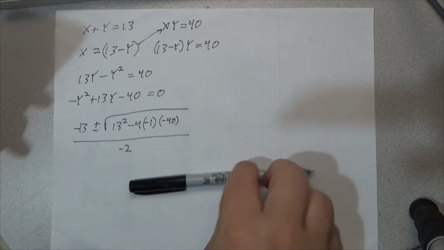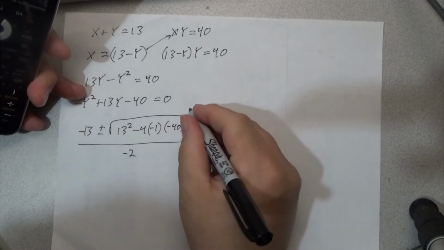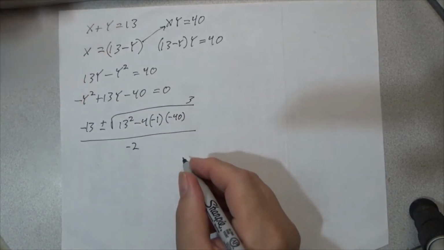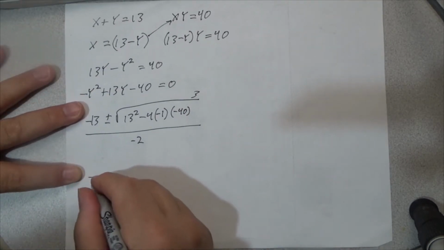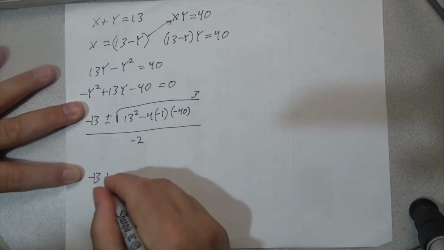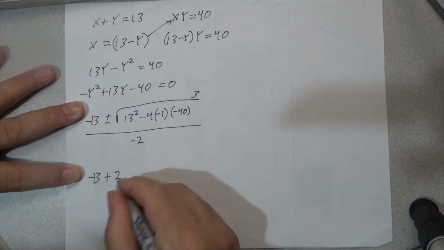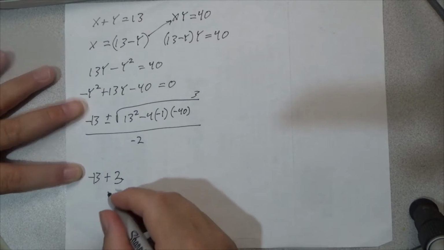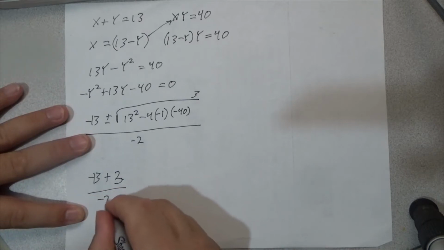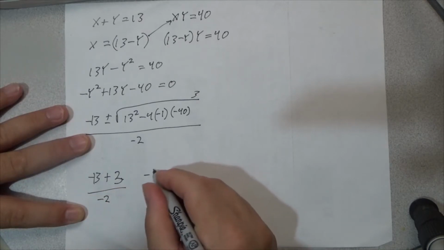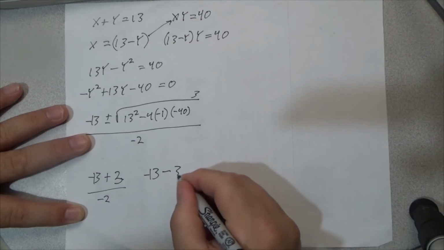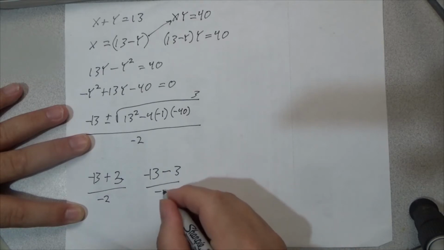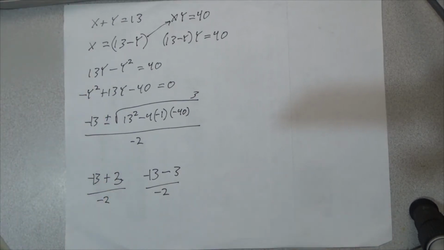So all of that underneath that radical is a 3. So that leaves me with negative 13 plus 3 divided by a negative 2, and negative 13 minus 3 divided by a negative 2.